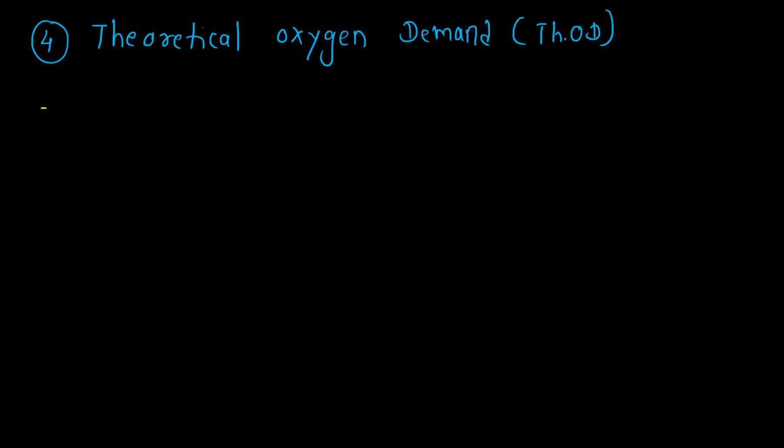So for the first two that we have seen, we are calculating them by doing certain reactions. See, this theoretical oxygen demand value we are calculating theoretically, that is we will write the equations, and from those equations we will use the stoichiometry. Okay, in organic or inorganic chemistry you must have learned about the stoichiometric calculations. So by doing the stoichiometry we will find out the amount of oxygen required to oxidize the organic matter, and that amount of oxygen we will call as theoretical oxygen demand.